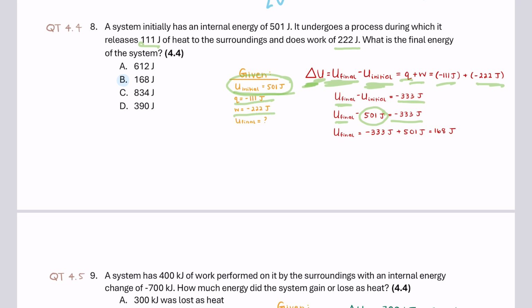To solve for U final then, we're going to add 501 joules to both sides, and that gets us that the final energy is equal to negative 333 plus 501 joules, and that is 168 joules. That matches answer choice B.